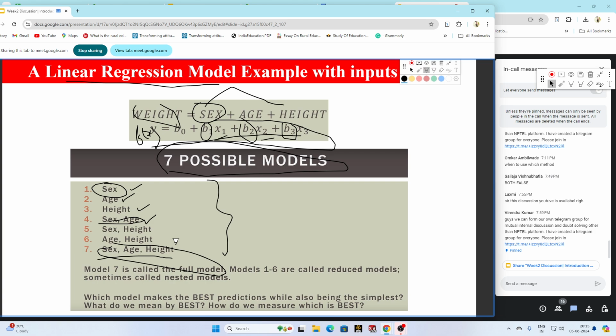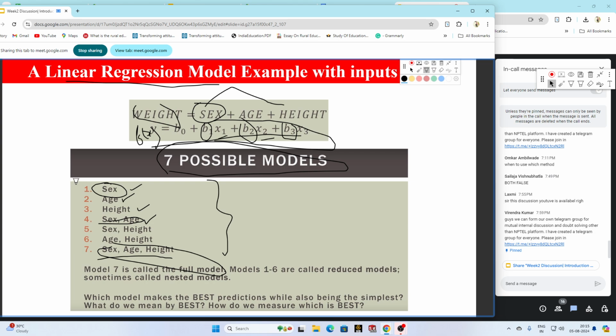From this bigger model we have made seven subsets. First subset, only sex. Second subset, age. Third subset, only height. Fourth subset, sex and age. Fifth subset, sex and height. Sixth subset, age and height. Seventh subset, sex, age, and height.